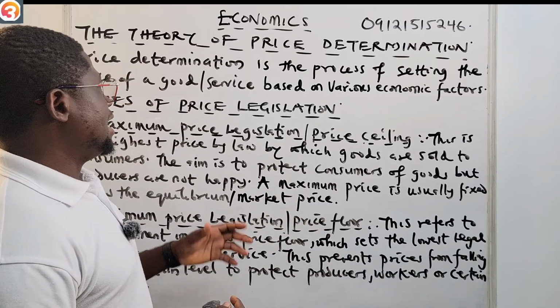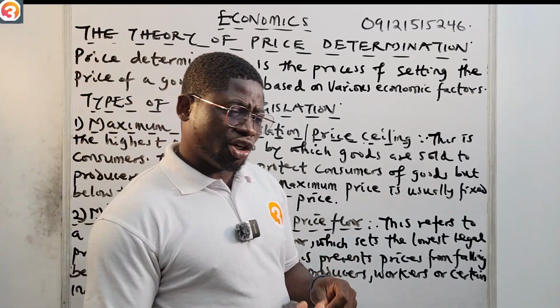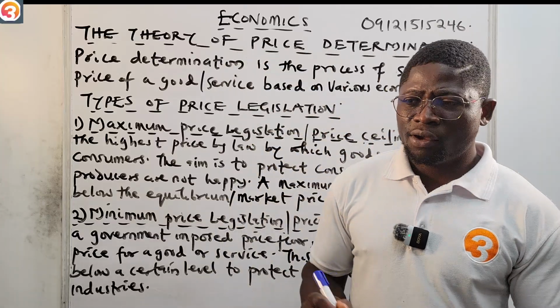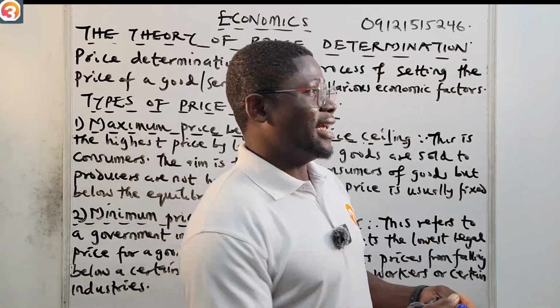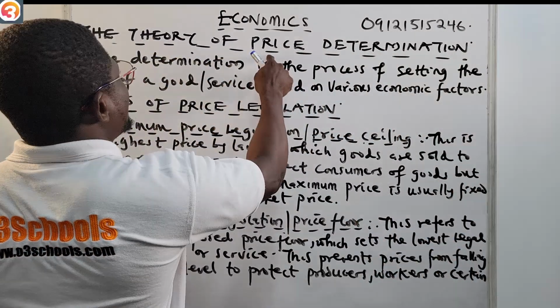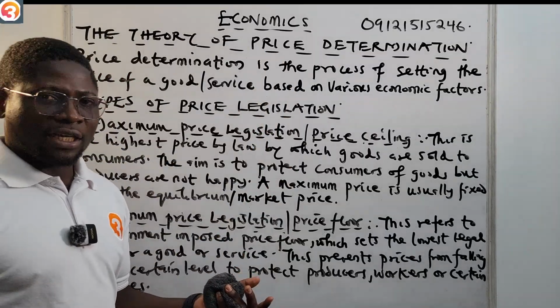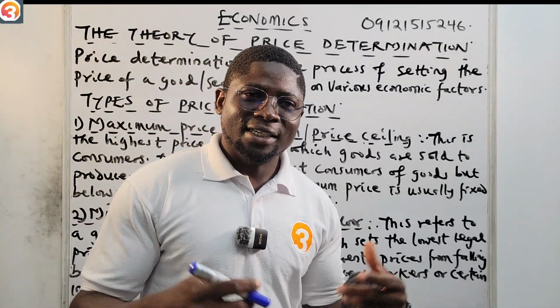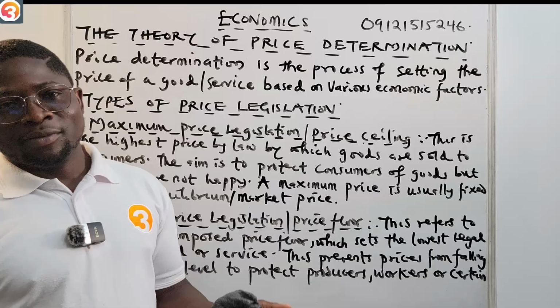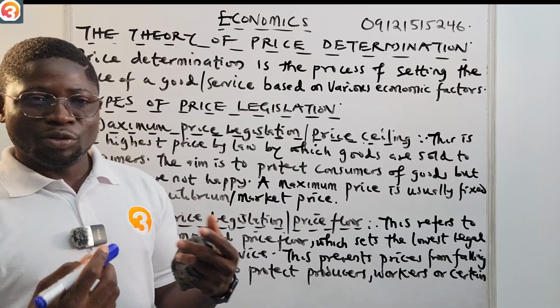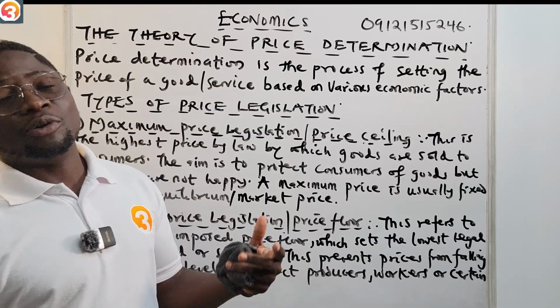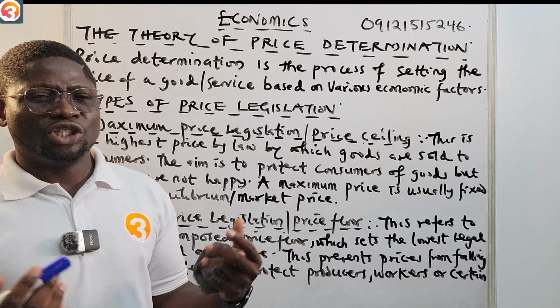All right. So we're talking about the theory of price determination today. First of all, what is even price? P-R-I-C-E. Price is the amount of money that you use to purchase a particular good or service. That's what price is in the short term.